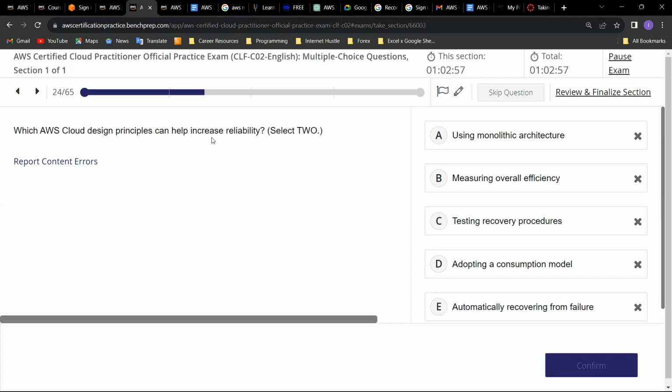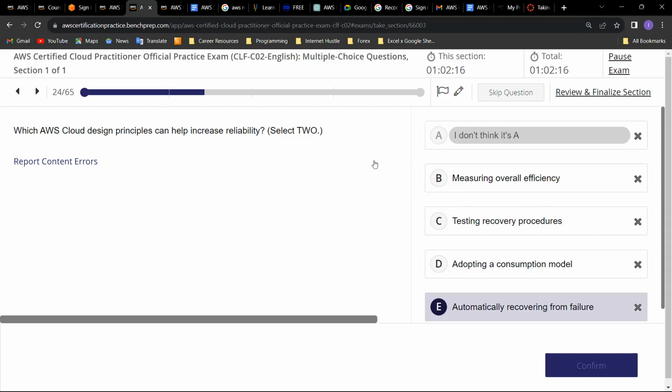C, C, E, C, E, E, C. Okay, C, E. So E is constant.